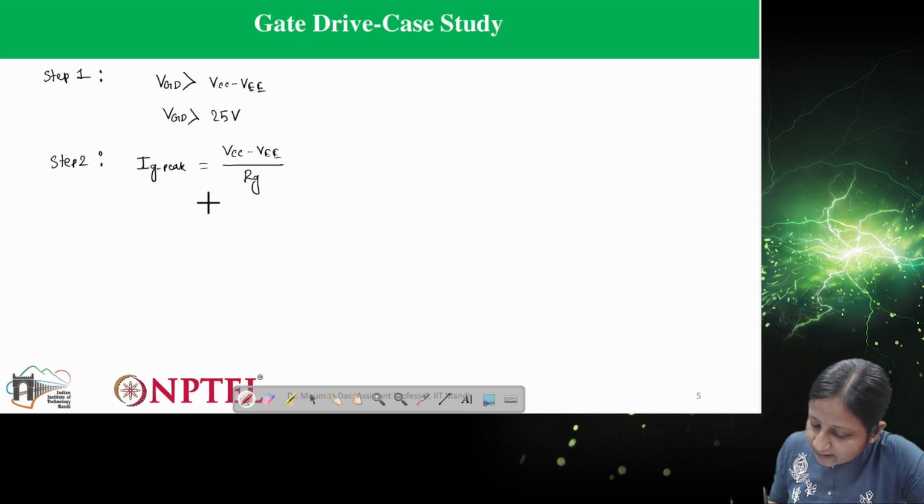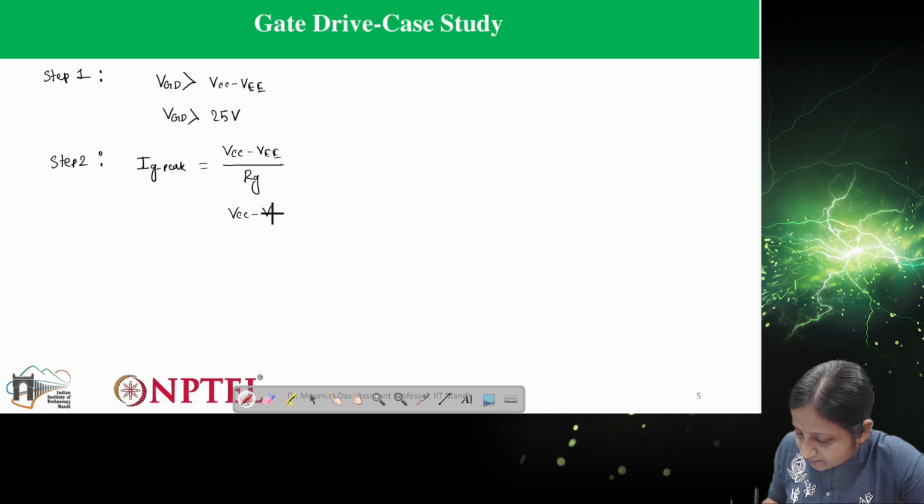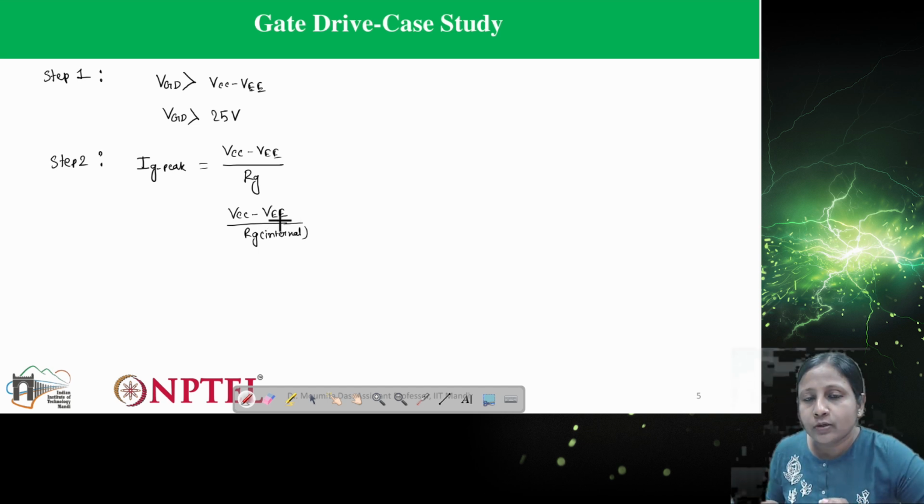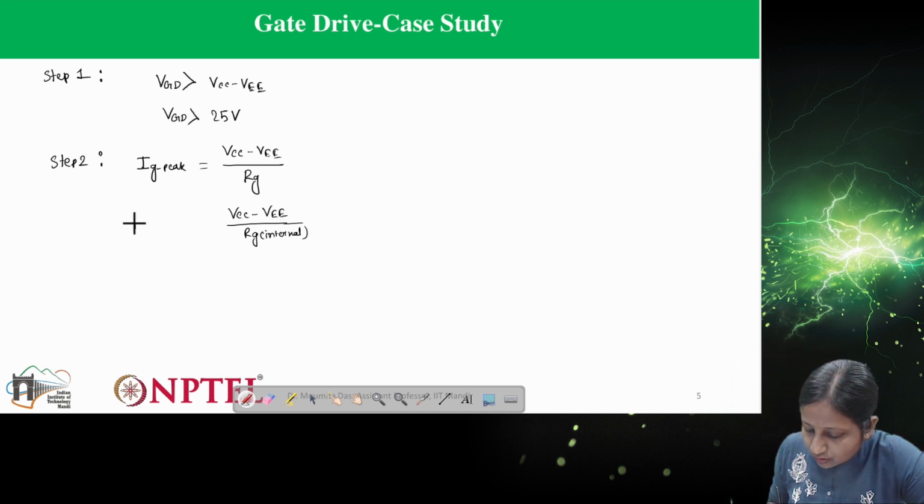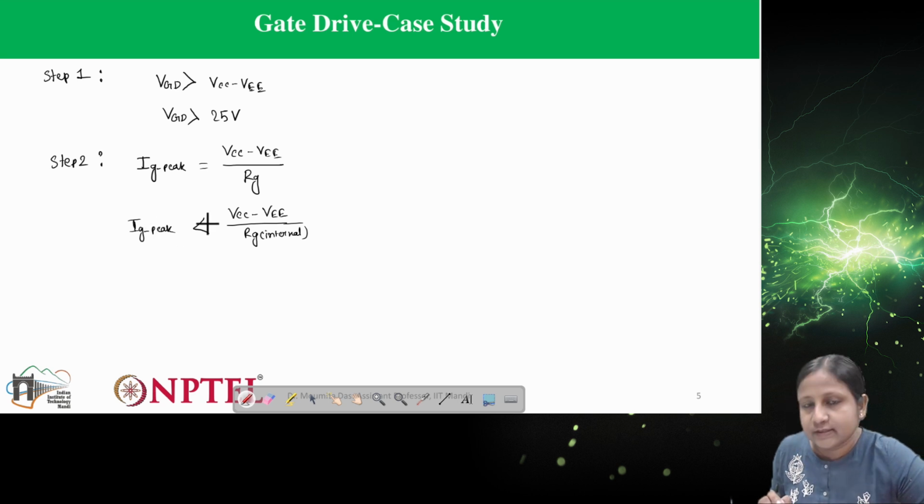So if we consider only internal resistance, so here VCC minus VEE and RG internal component, then the peak current which we will be getting will be higher than the actual value. So the rating which we can select here should be less than this.